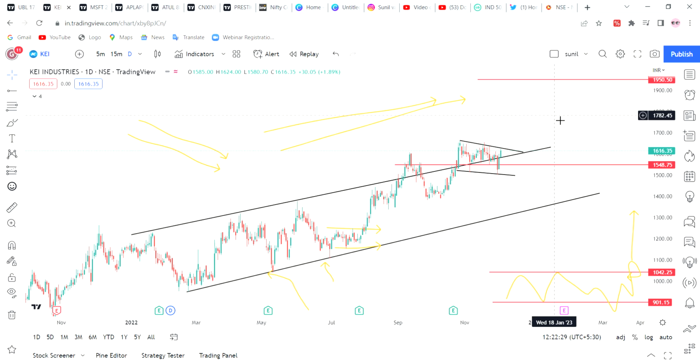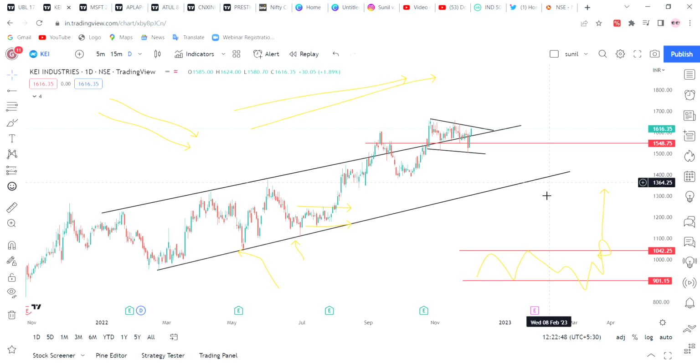Larger time frames give us more probability of winning than shorter time frames. Give more importance to larger time frames, and to monthly closing, weekly closing and candle closing. And try to find these types of channels, and these types of support and resistance. These things will give us more probability of winning.